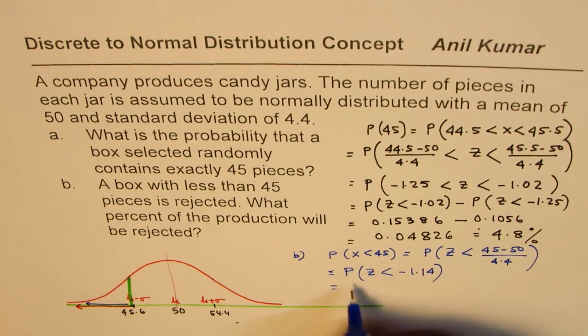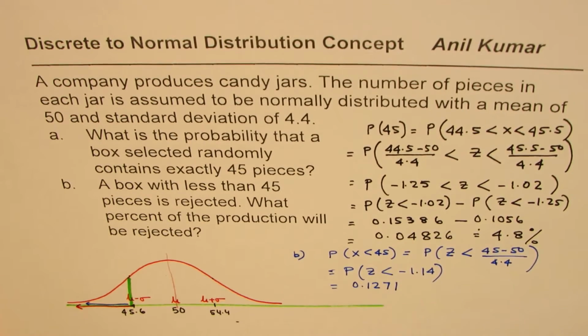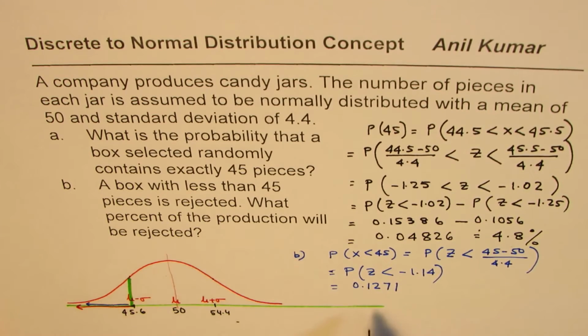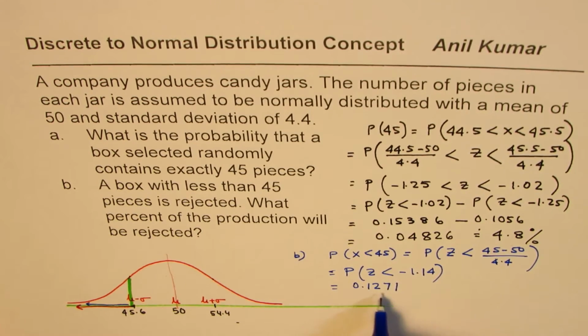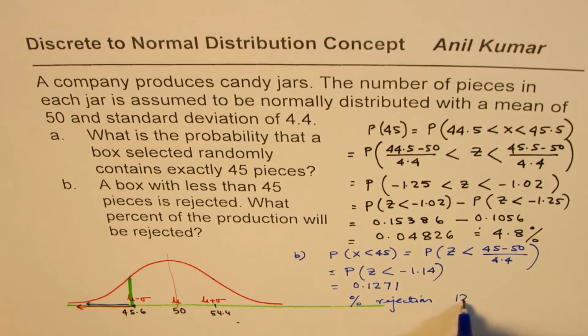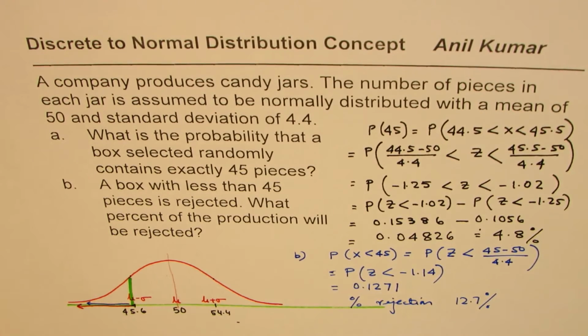So the probability is 0.1271, right? So we can say percentage of rejection is pretty high in this case. So percentage rejection is 12.7%, right? So you can always convert this to decimals.